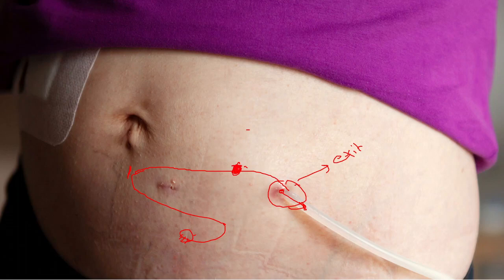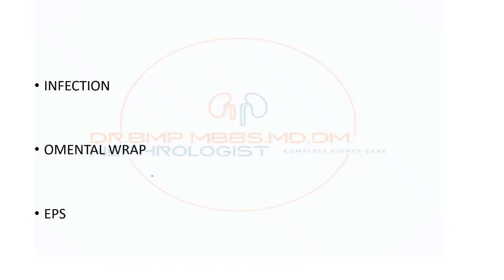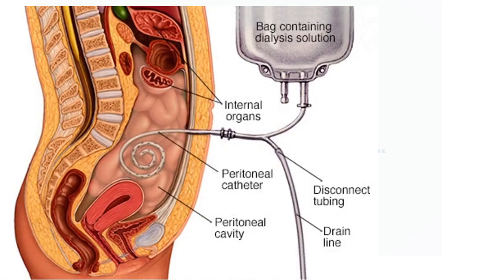Cuff is nothing but the thing which tethers the catheter into the skin. There are 2 cuffs. One is just below the skin. One is at the site of entry into the abdomen at the level of the rectus sheath. In this image they have shown it as if it is entering straight, but actually it has a subcutaneous course.